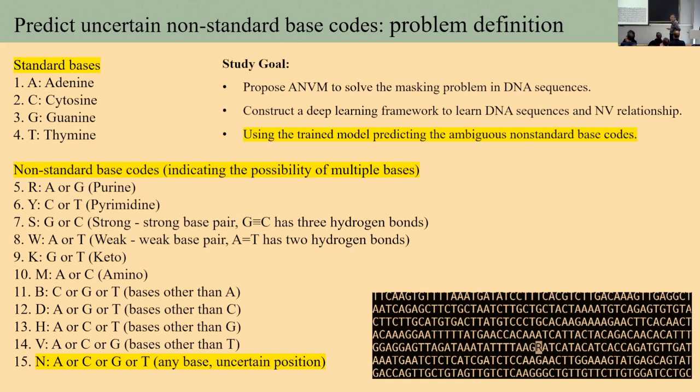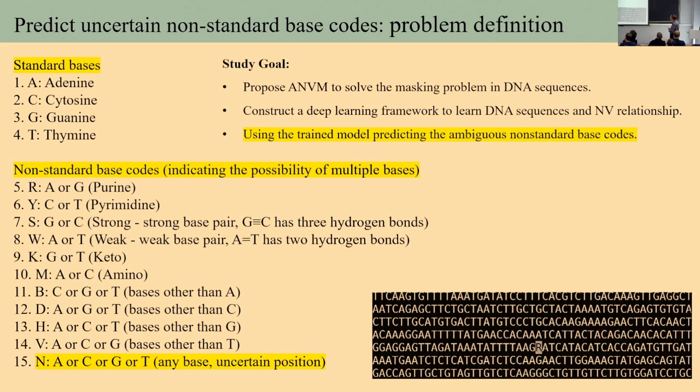That means in the lab test, in this position they haven't determined exactly whether it's A or C. Like A or G, I give R in this position, indicating that I know it's A or G but I'm not sure which one. They give you R, Y, S, W, which we call non-standard bases. N is a special one, which means it can be any of these 4.